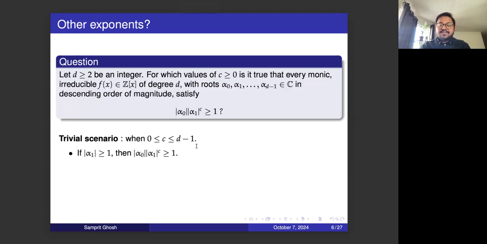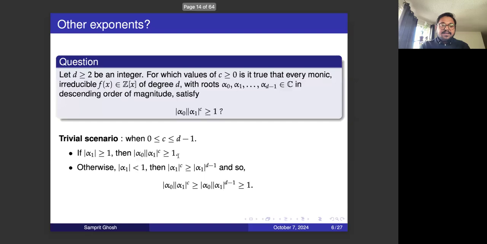Because if the second largest root is bigger than or equal to 1, then alpha 0 times alpha 1 to the c is bigger than or equal to 1. If this is strictly less than 1, then alpha 1 to the c is bigger than or equal to alpha 1 to the d minus 1. So alpha 0 times alpha 1 to the c is bigger than or equal to 1.